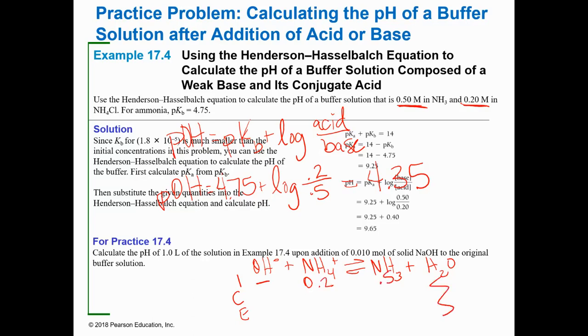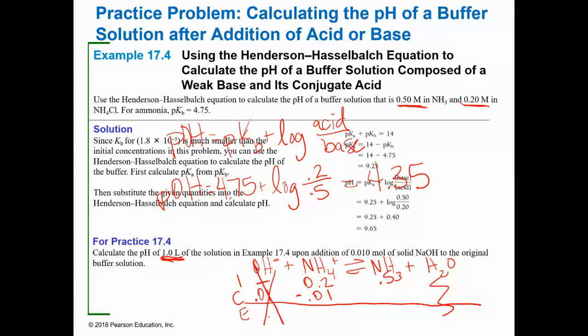Okay, water doesn't matter. So then remember, we're assuming it's in a 1 liter solution, which here it says it is. So then we've got 0.01 moles. I'm going to subtract that from the side I just added it because it's going to cancel out. I'm going to add it to the other side. So I've got 0.19 and I've got 0.51.